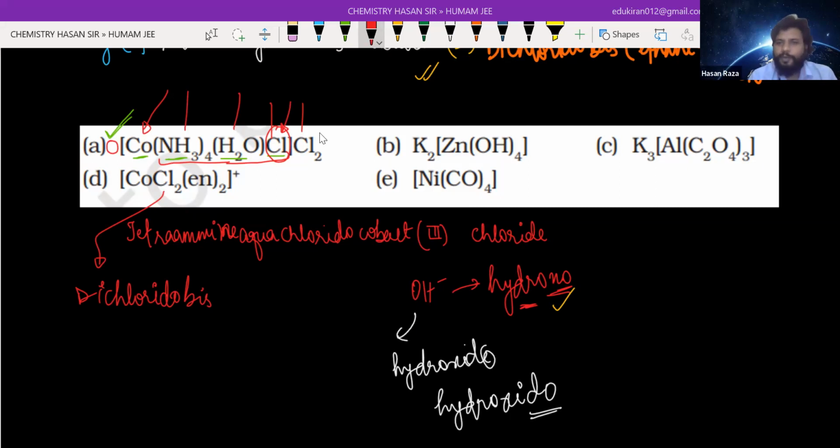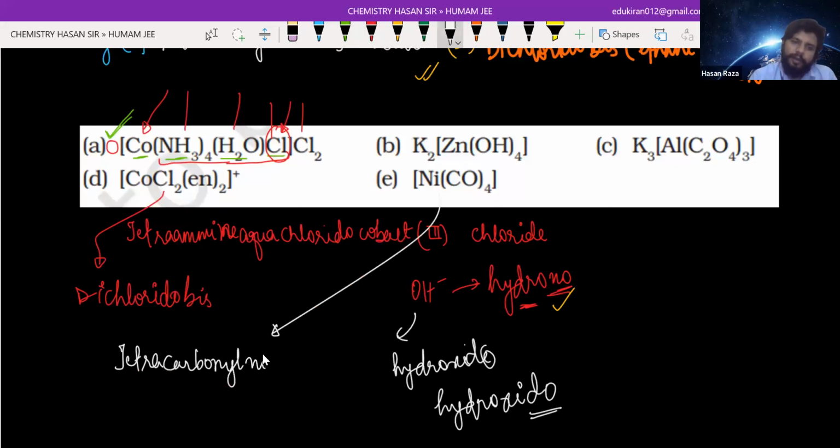Its name is carbonyl. This is basically tetracarbonyl nickel 0. Got it.